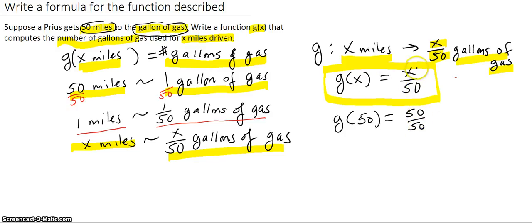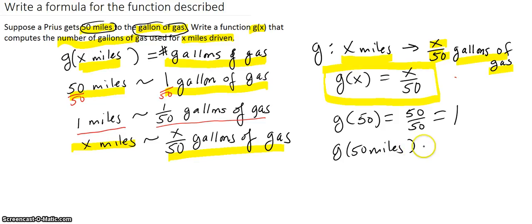The 50 went up there where the x was, and that comes out 1. So that looks right. So g acted on 50 miles and gave us out 1 gallon of gas.